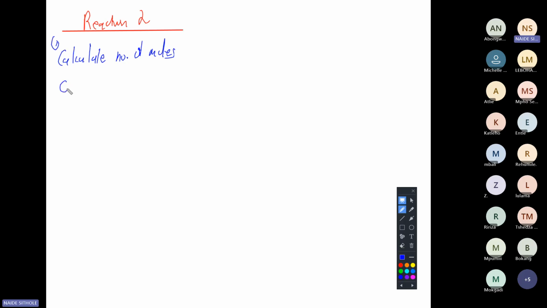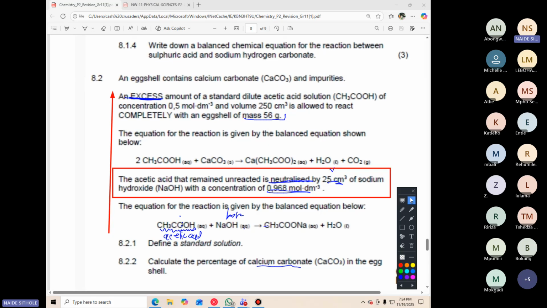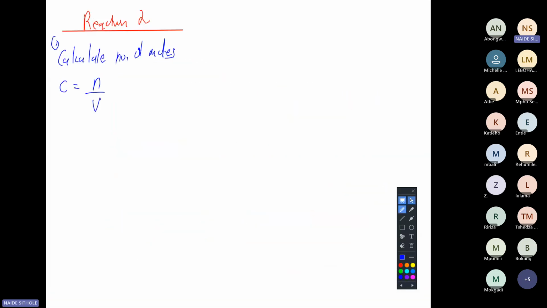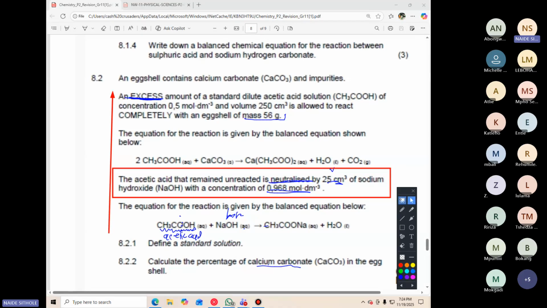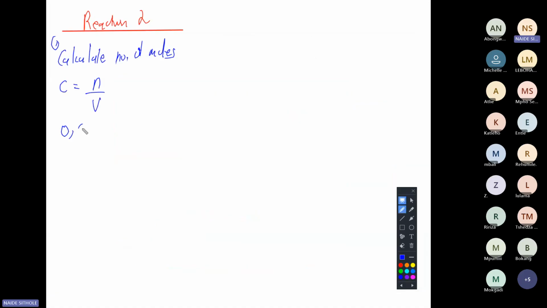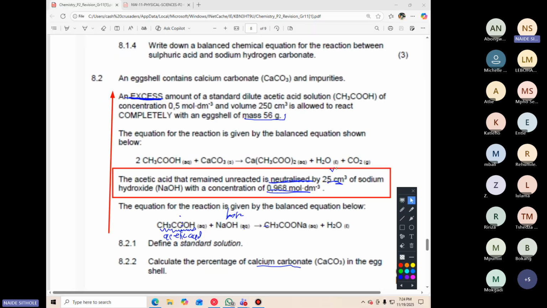And then you're going to say, based on what I'm given, this is the formula that will work because I'm given volume and concentration. My concentration is 0.968, and I have n here. The volume, obviously, I will need to convert: 25 divided by 1,000. Remember, from centimeter cube to cubic decimeters, you divide by 1,000.